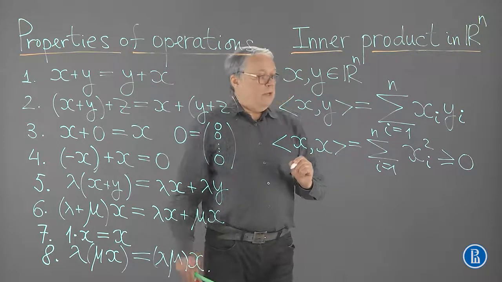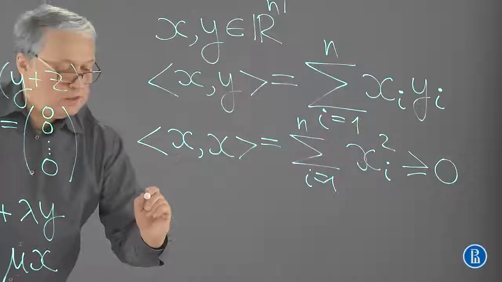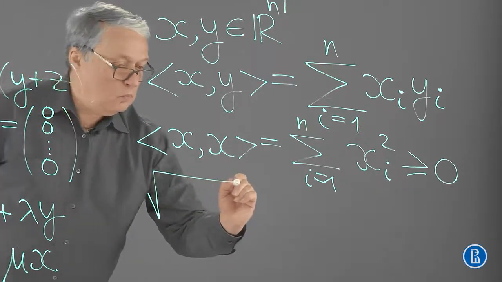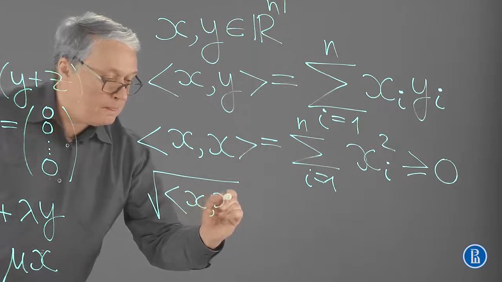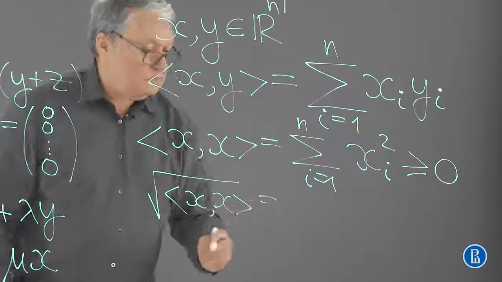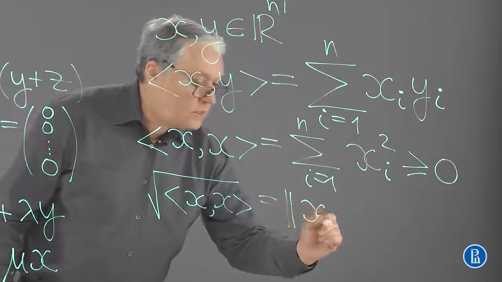That means I can find the square root of the sum. And this square root is called the norm of vector x.